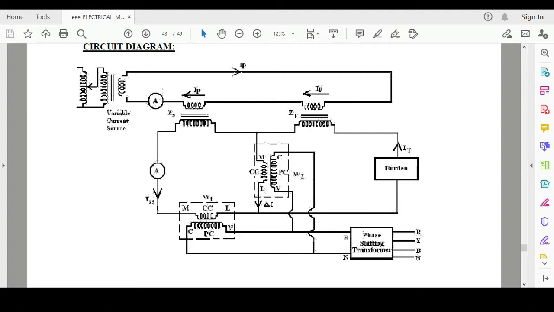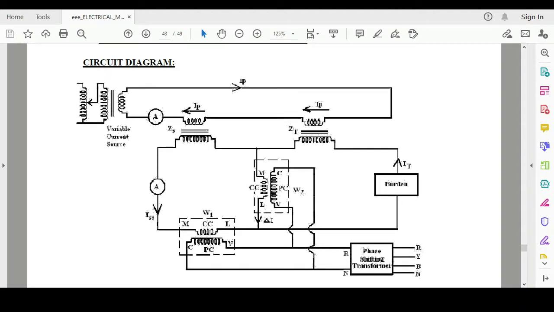Here this ammeter measures the primary current, and you can see these are connected in such a way that the midpoint between two of the secondaries is connected to the M terminal of the second wattmeter, and the L terminal of the same wattmeter is connected to the L terminal of the first wattmeter, and both the L terminals are connected to the burden, and the second terminal of our test transformer is connected to the burden of our test transformer.